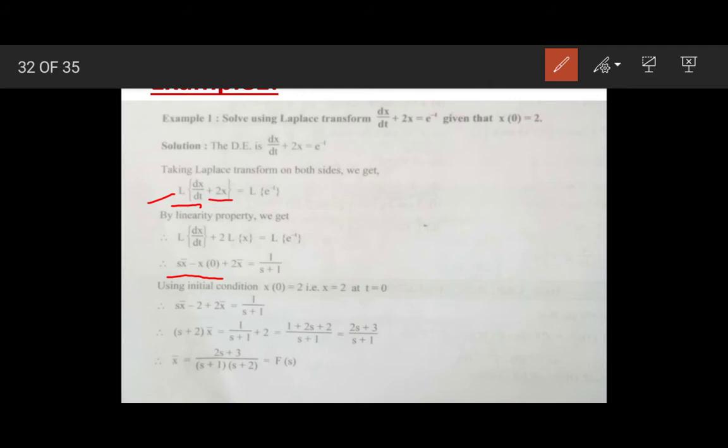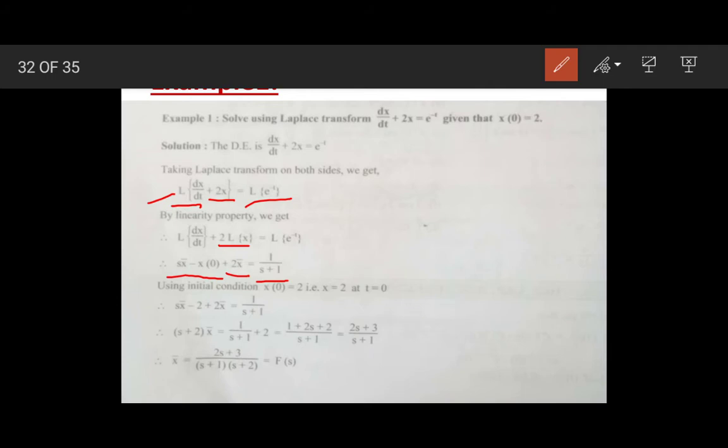Then the Laplace transform of 2x: 2 is a constant, so that will come outside, so 2 into Laplace of x, and Laplace of x is x bar. Then on the right hand side it is the Laplace transform of e raised to minus t, and Laplace of e raised to minus t is 1 upon s plus 1.